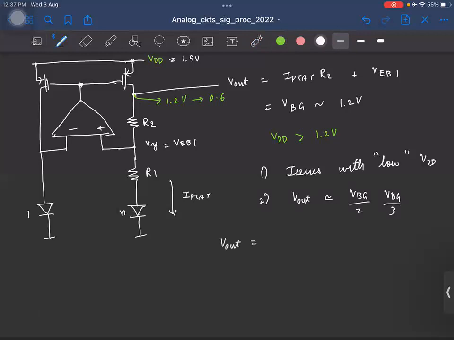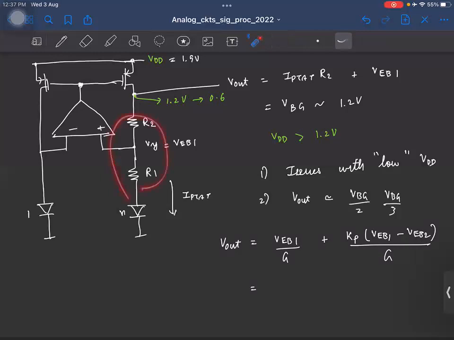So we want again the same thing. V out should be VEB1 plus Kp times this, which gives the bandgap voltage. Now let us say you want a fraction of this bandgap voltage. I'll call it some G. Now this is the required output we want. Now in this circuit, what is Kp?